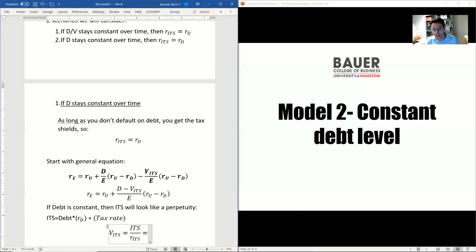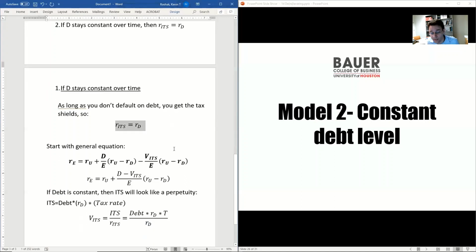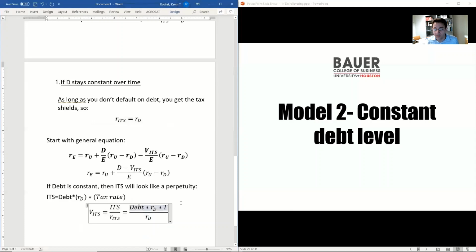So the value will be the level of debt times RD times your tax rate, divided by RD, because the discount rate on the tax shields is the discount rate on the debt. So what are we left with here? We have RD in the numerator, RD in the denominator. So the value of the tax shields is just debt times T.